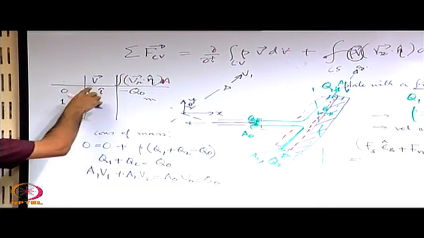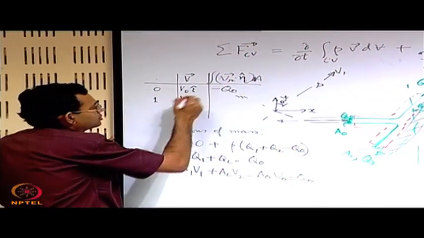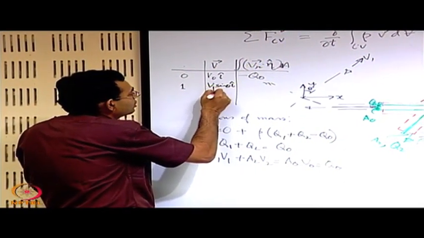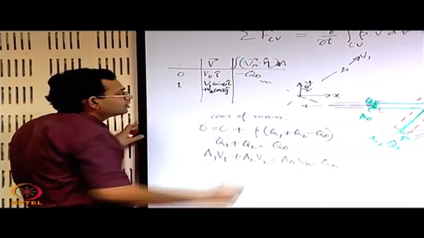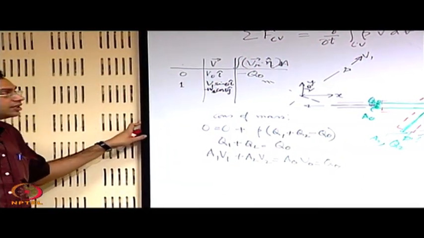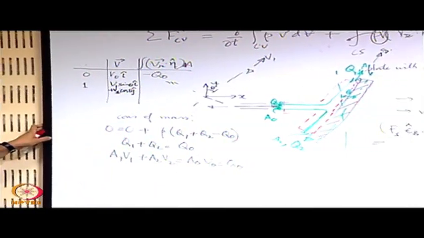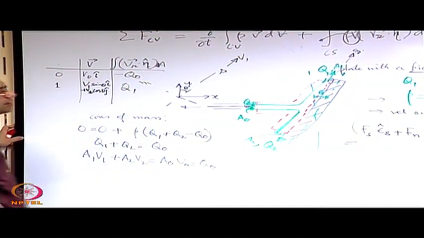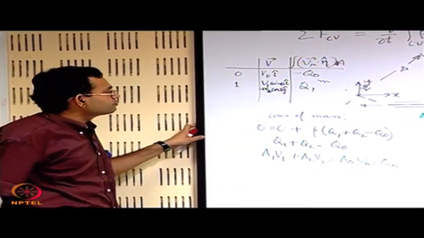So, v1 will have components v1 sin theta i plus v1 cos theta j, right. What is V dot n dA here? It is q1, because the flow direction and the unit vector out of the area are oriented in the same sense.